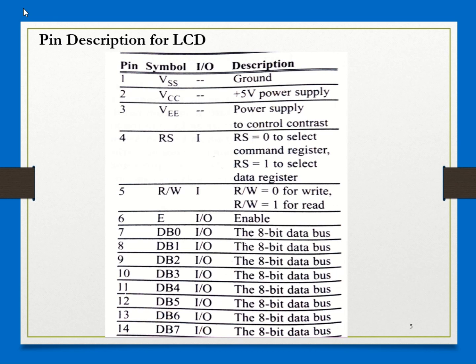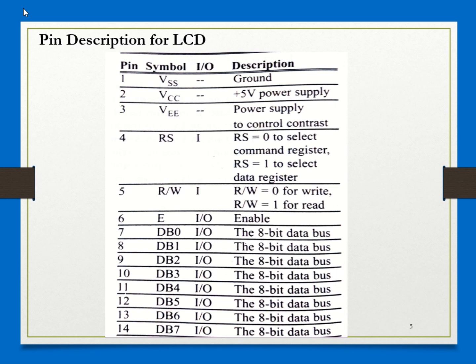LED plus is used to switch on the background light, and LED minus is the ground line for the background light. Other than that, all the same pins available here are there in the 16 pin LCD module. So we will be discussing this 14 pin LCD.